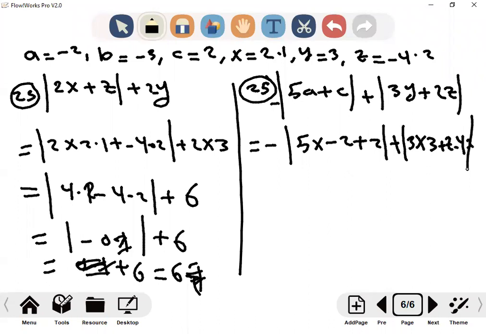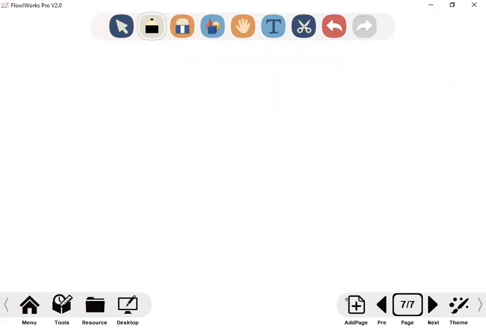This is equal to minus absolute value of 5 by negative 2, negative 10, plus 2, negative 8, plus absolute value of 3 by 3, 9. So 2 by negative 4.2, negative 8.4, plus 9.